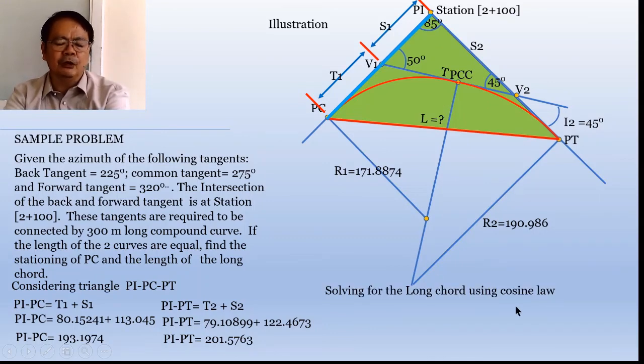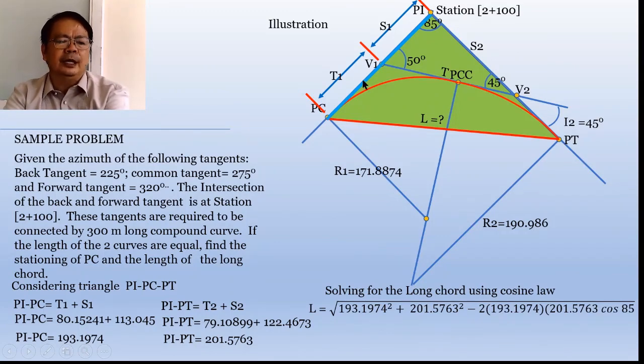Solving for the long chord, L is the square root of 193.1974 squared plus 201.5763 squared minus twice the product of 193.1974 times 201.5763 times cosine of 85, and the value of L is equal to 266.7768.